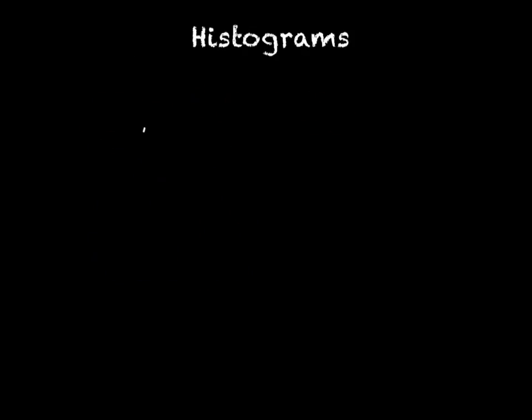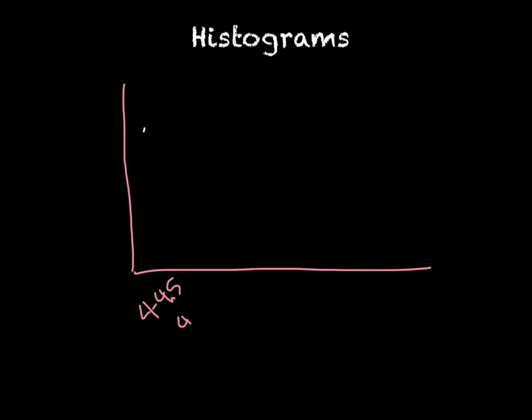Now, using our frequency table, we can construct a histogram which displays graphically the same thing as the frequency table. So we'll draw an axis here and label the horizontal one with the different ranges for height that we had. And then I'll label the vertical axis.